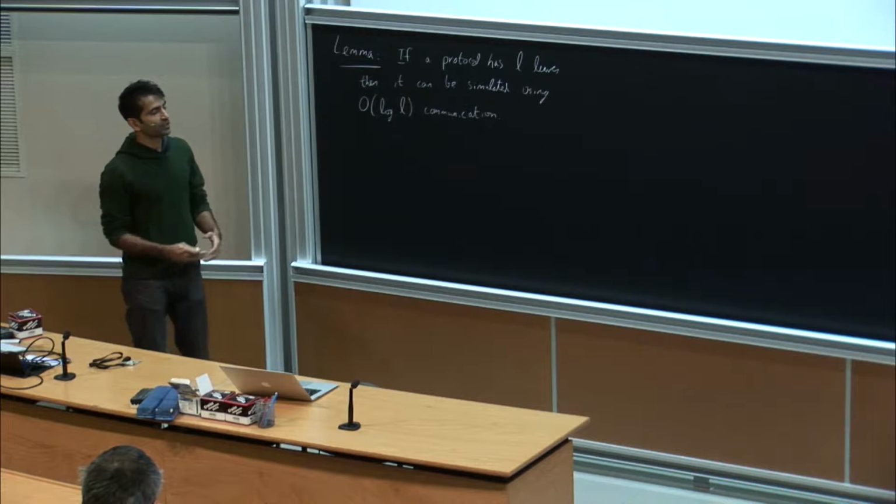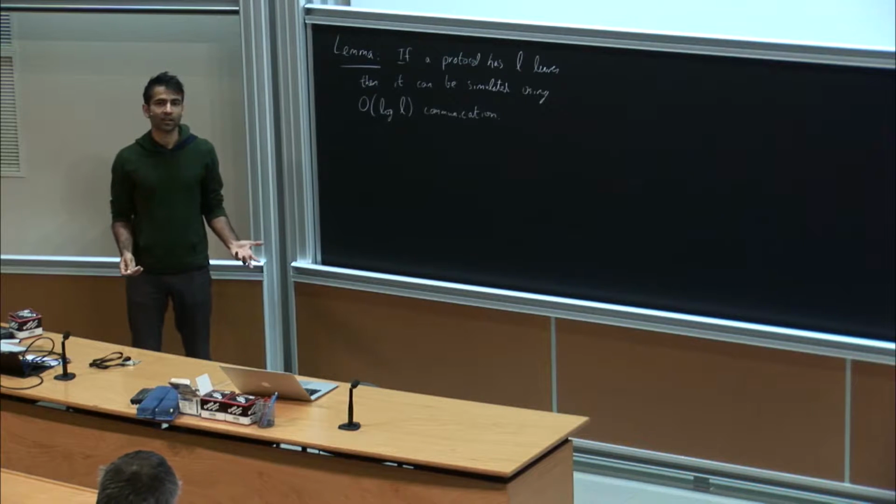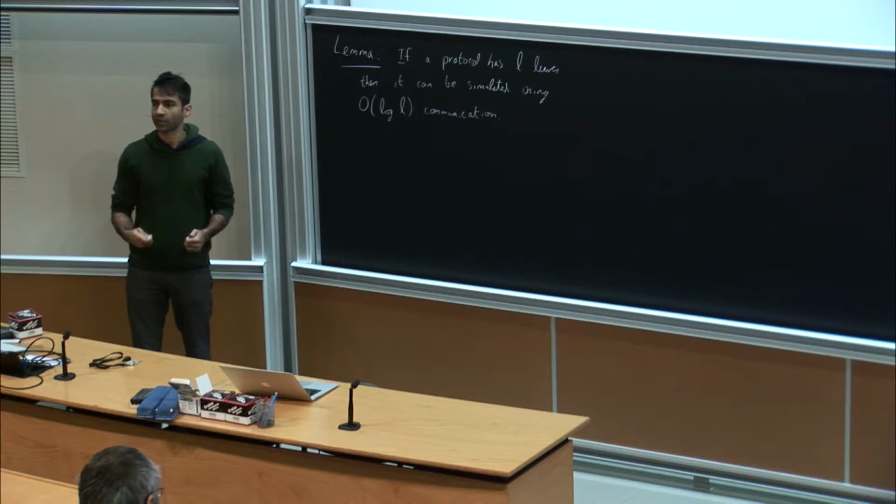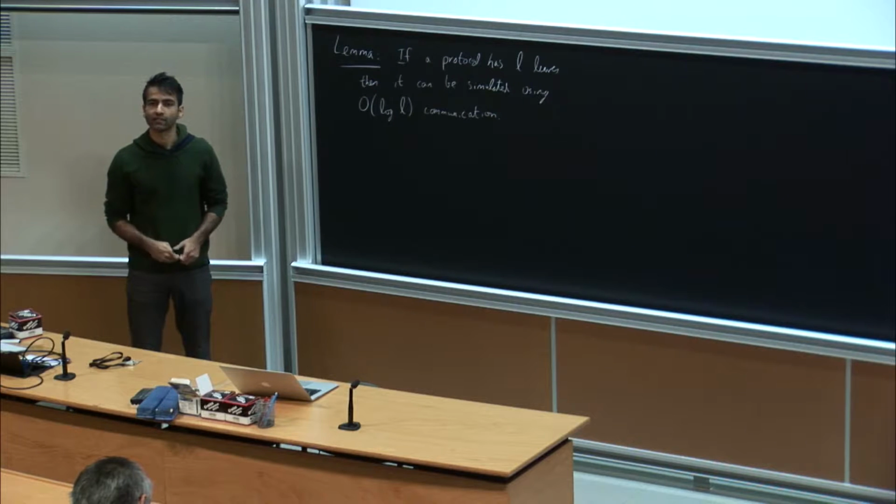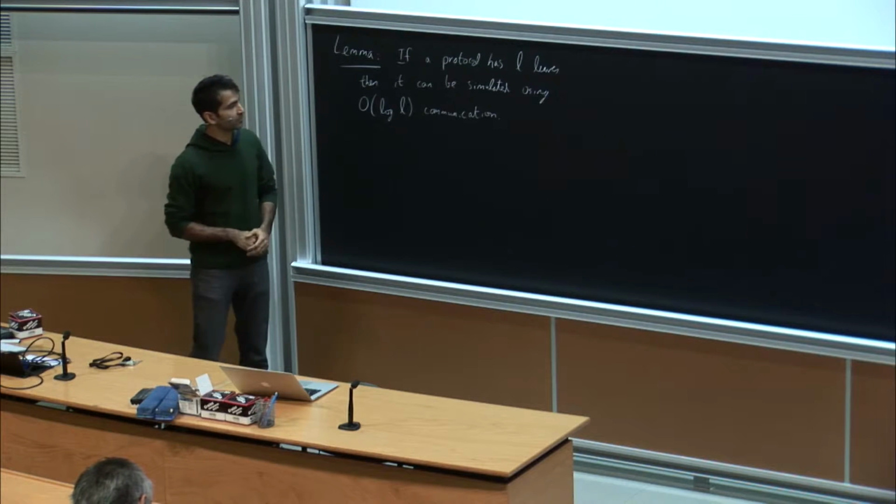In other words, if the tree is really unbalanced, then that's because it's not the most efficient protocol. There's a way to rebalance it so that you actually have log L bits of communication.